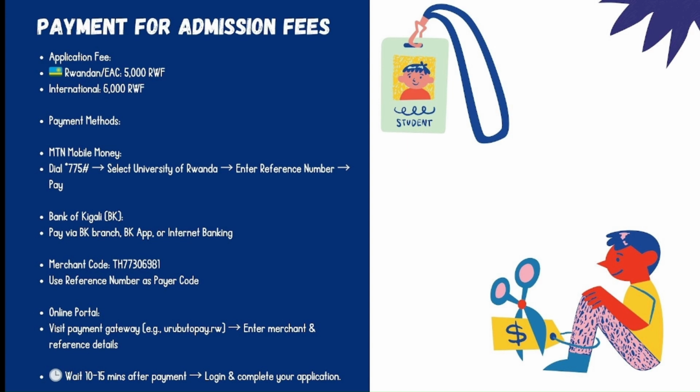So now, the first thing that I will say before I continue, the application fee is Rwandan franc 5,000. Rwandan franc 5,000. And in terms of dollars, for you to do your calculation, $1 is equal to about 1,400 Rwandan franc.